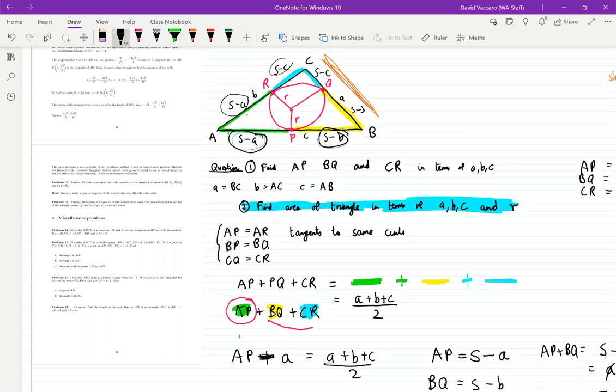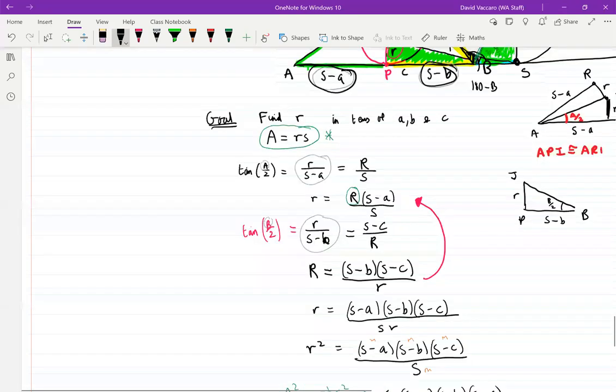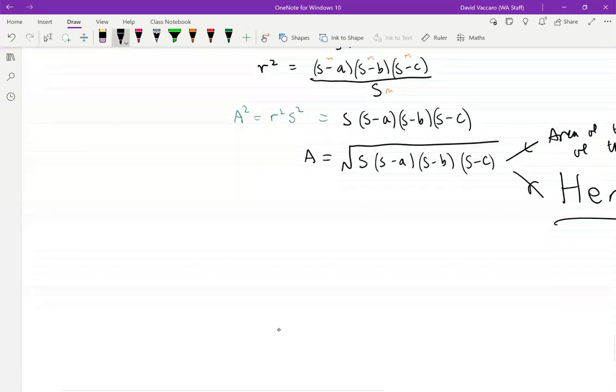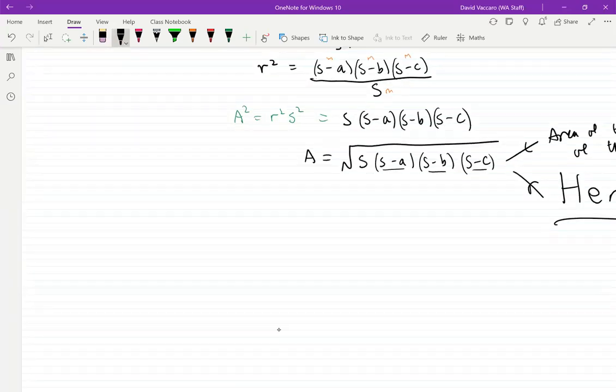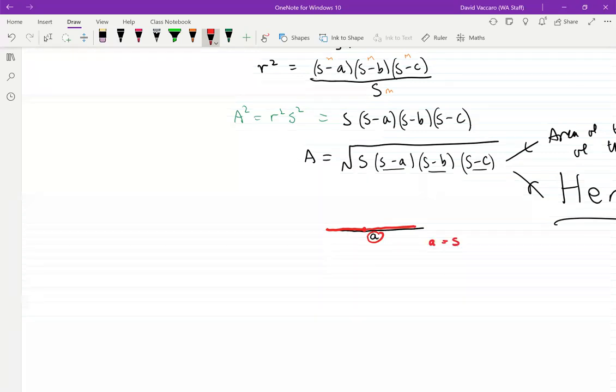Just as an aside for Heron's formula, we shouldn't be too surprised by the s minus a, s minus b, and s minus c, because if I want to draw a very silly triangle that is otherwise known as a straight line, then one of the sides is exactly half of the perimeter.